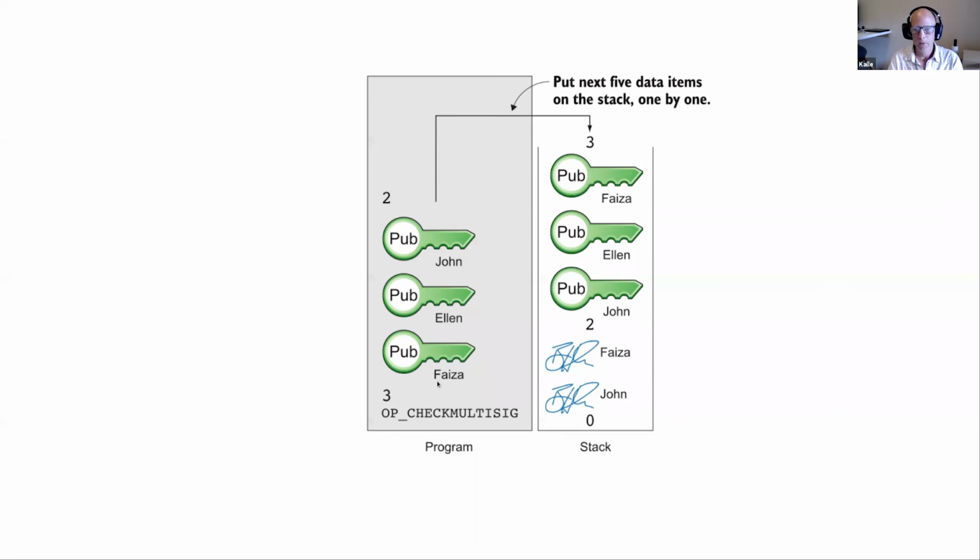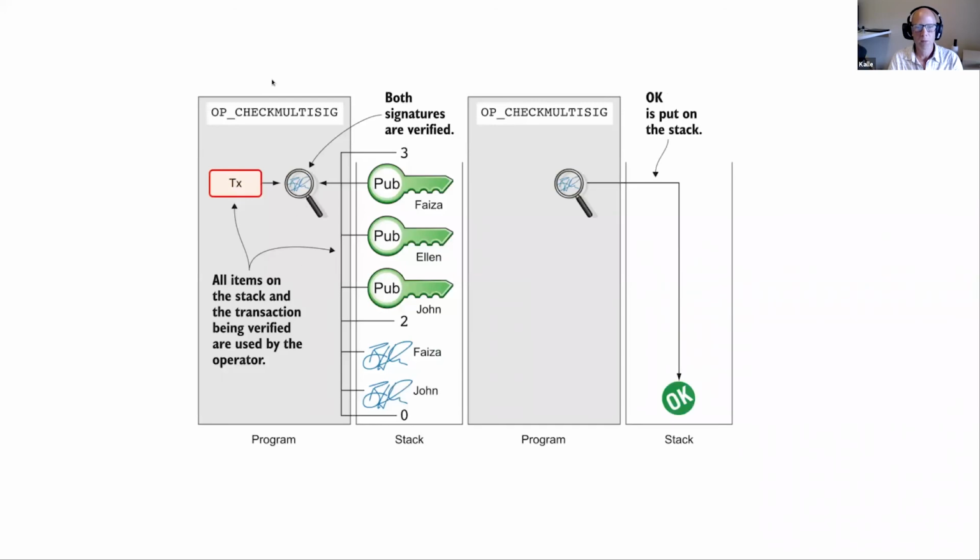Okay, and then we have the op check multi-sig operator, which does a lot of things. But this operator, first of all, pops the top item from the stack, which is a 3. And that means that it expects 3 public keys from the stack. So it will pop 3 items from the stack, which are 3 public keys.